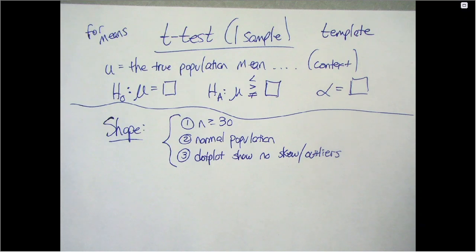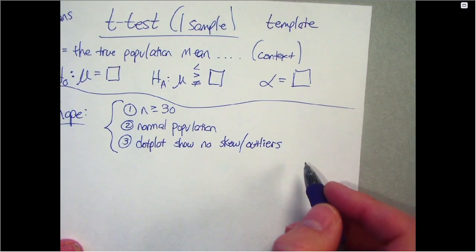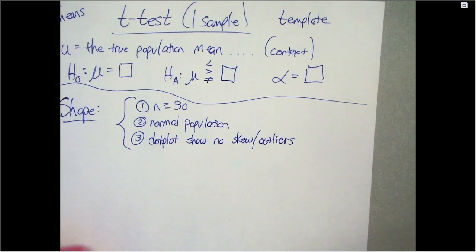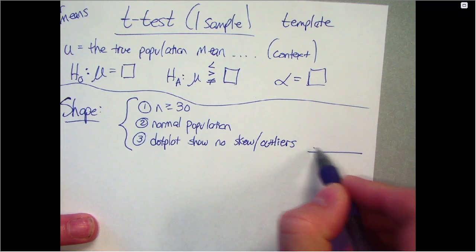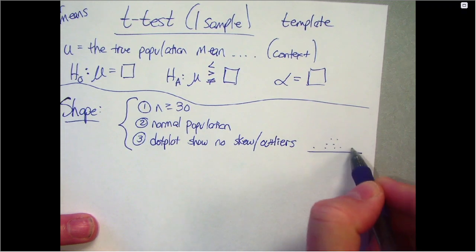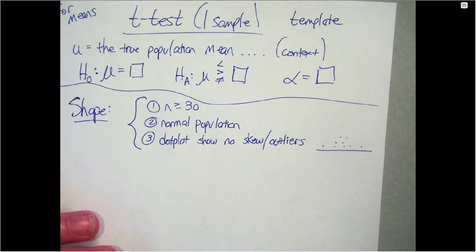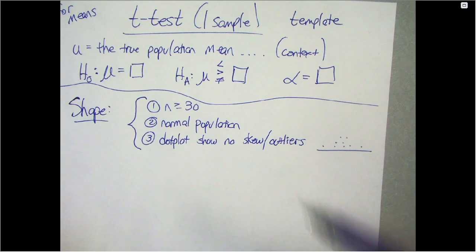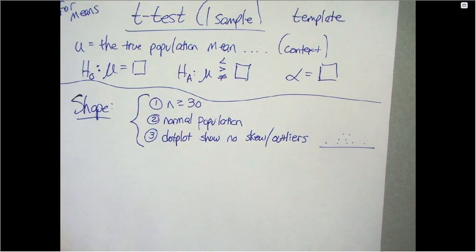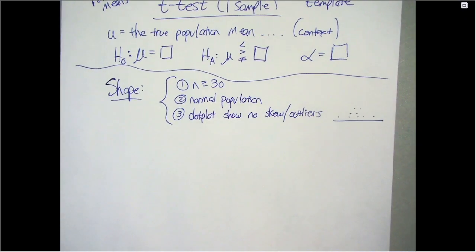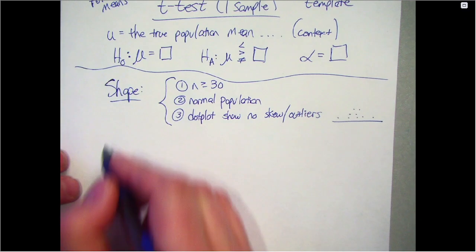You don't have to do anything major. It's not a fancy dot plot. They're not looking at labels. It's just gonna look something like this. And you're just gonna go, hey, no skew or outliers. But again, 90% of the time it's gonna say one of the first 2 things. But we will do a couple examples of that.